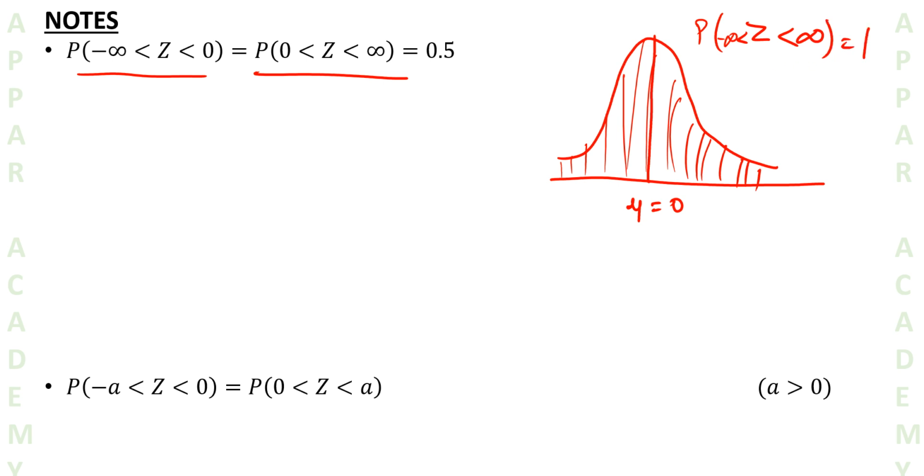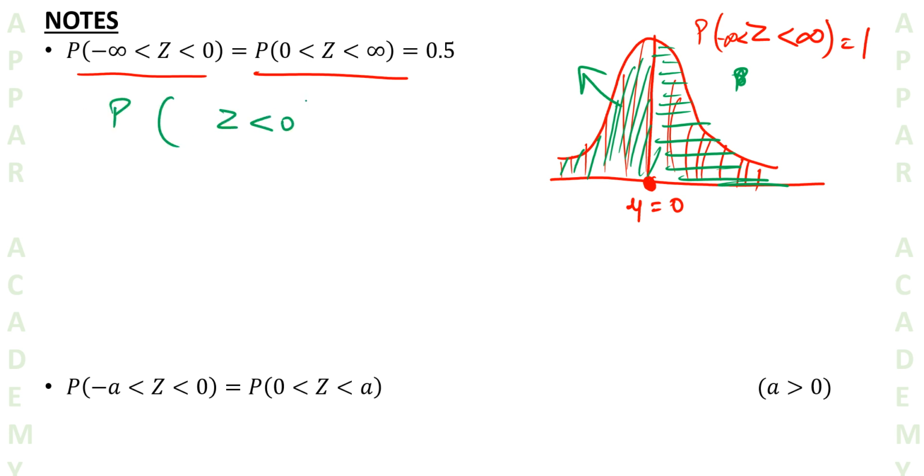We all know this. And this ordinate, that is mean equal to 0, divides this entire curve into two equal parts, right? This we already know, that the mean always divides the curve into two equal parts, that is, the left part is equal to the right part. And since these are same and the sum is equal to 1, can I say from here that the probability that z is less than 0 is equal to 0.5, and the probability that z is greater than 0 is equal to 0.5?